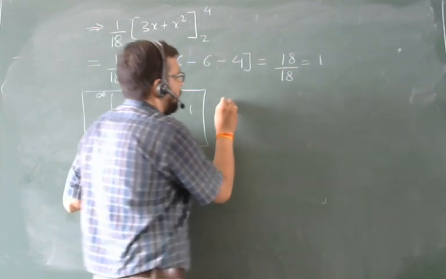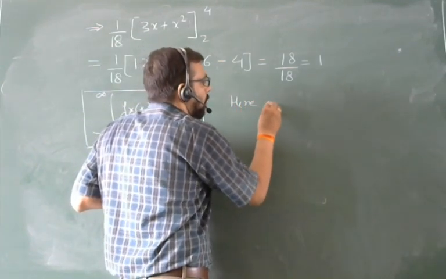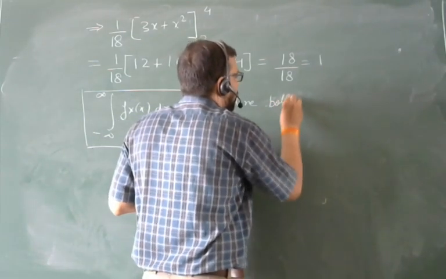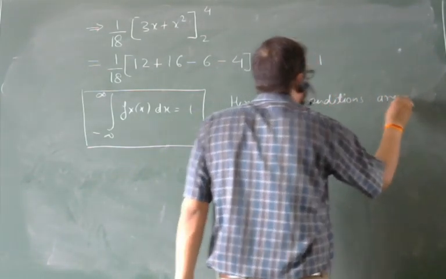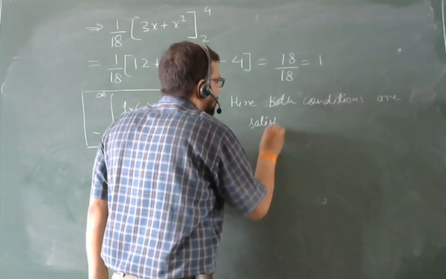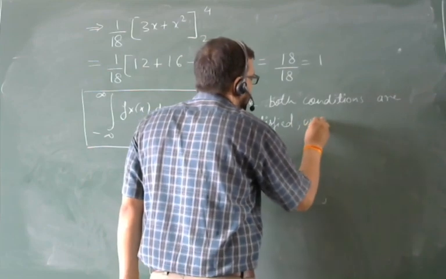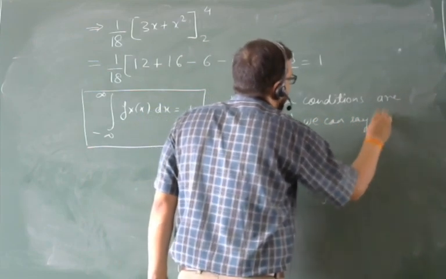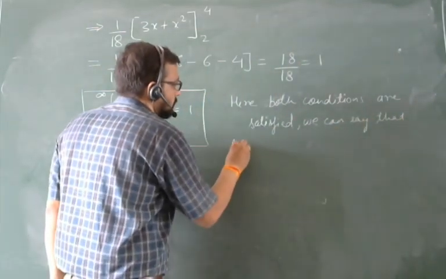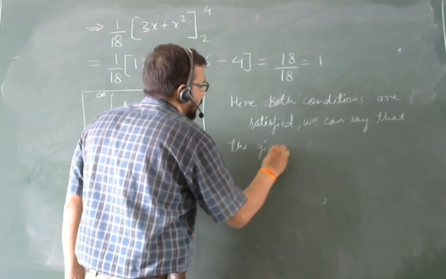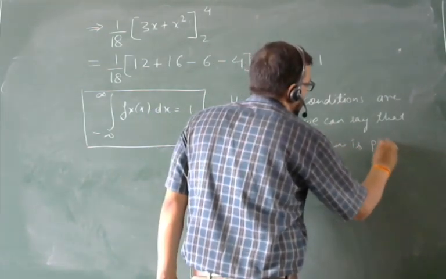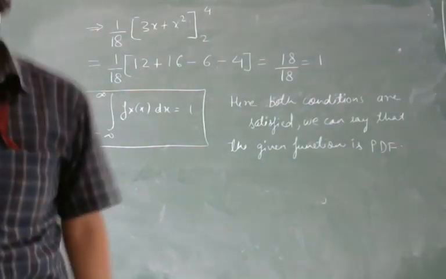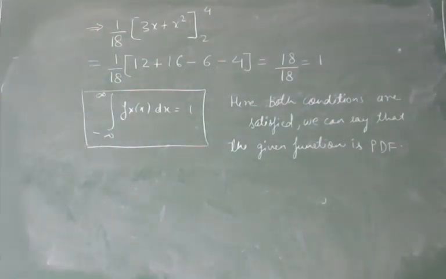Here both conditions are satisfied, then we can say that the given function is a PDF. This is your third numerical.